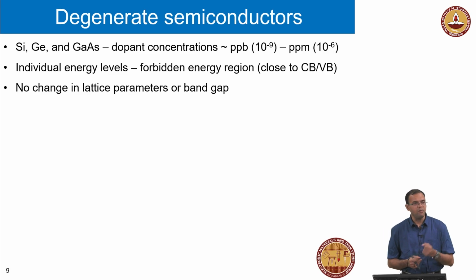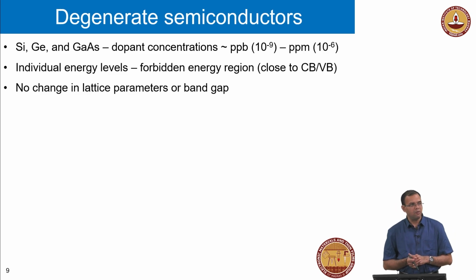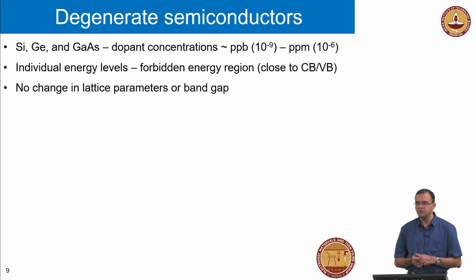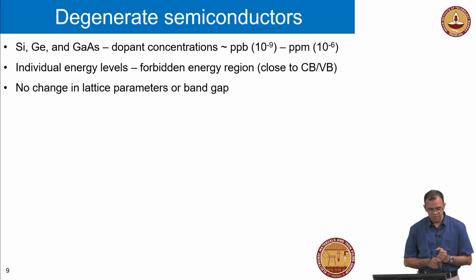The question is how much boron or how much phosphorus should I add to silicon, right? Because from a practical point of view, we want to know what the dopant concentration is. We saw that doping is usually a high temperature diffusion process, but we never really asked how much boron or how much arsenic or how much phosphorus should I add to my material.